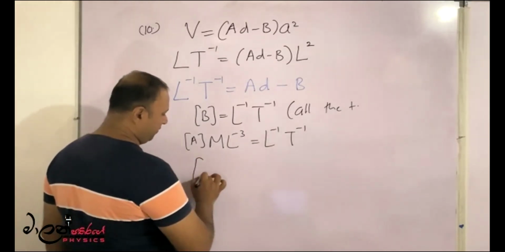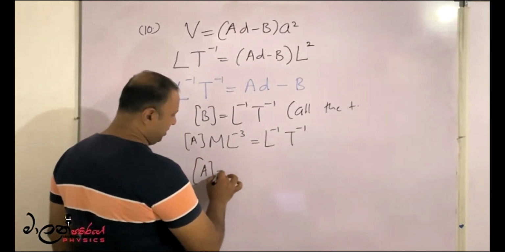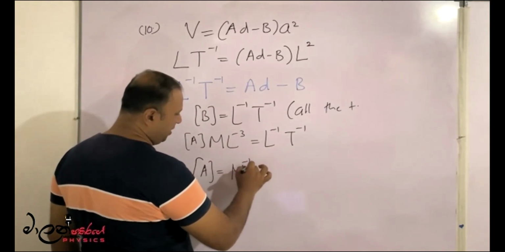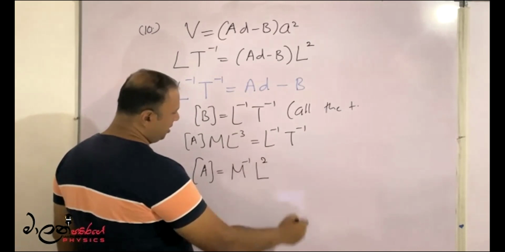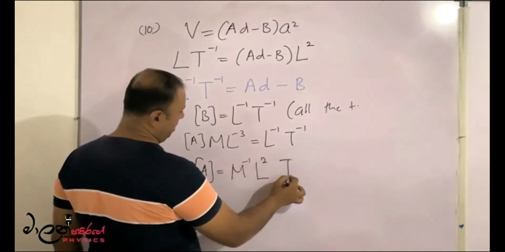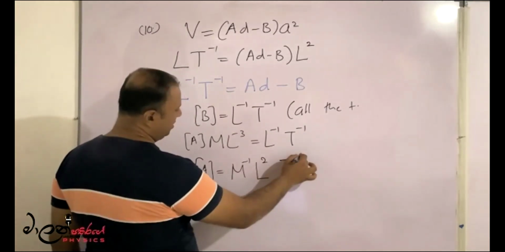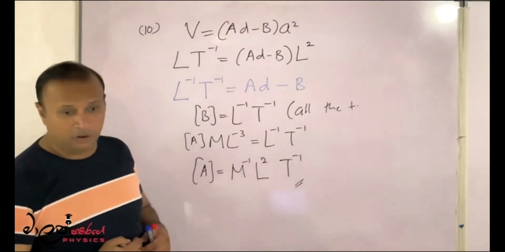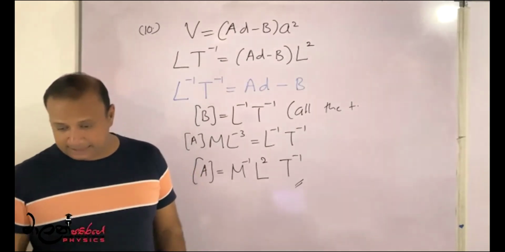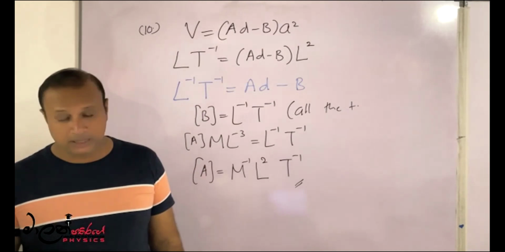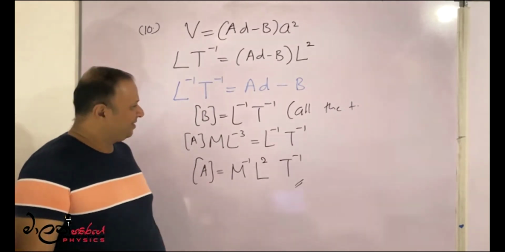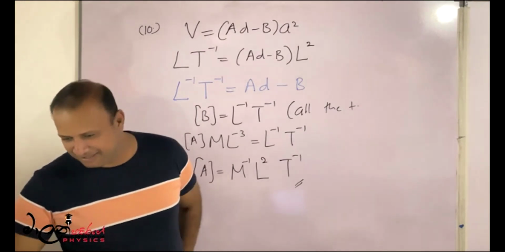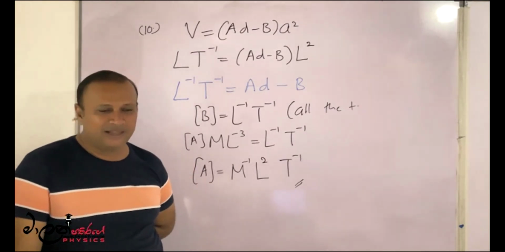Therefore, dimension of A is equal to M to the power minus 1 L to the power 2 T minus 1. Therefore, the correct answer is answer number 4. All right.